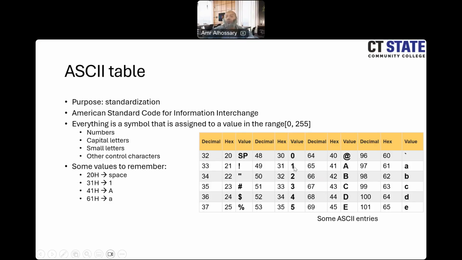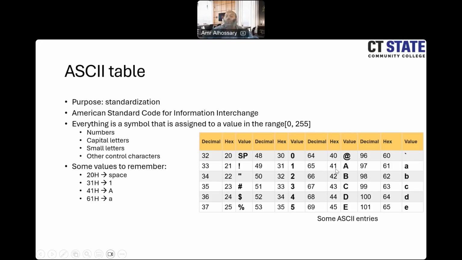The one here I'm talking about the one as a symbol, the symbol which writes one, not the value one. The symbol one is assigned the hexadecimal 31, and the capital A is the hexadecimal 41, the small a is 61. So we have A, B, C, D, E, F, G capital and A, B, C, D, E, F, G small.